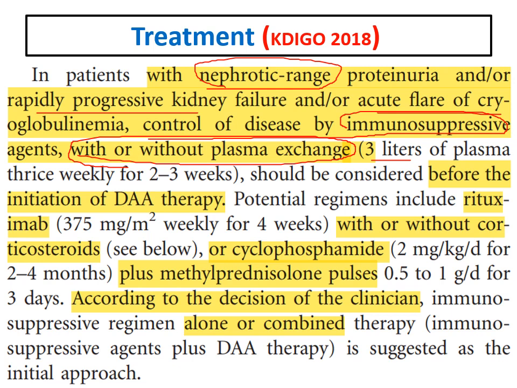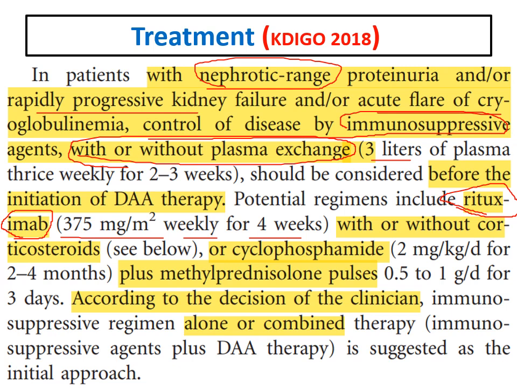Also, another regimen according to the recent guidelines is that the first line immunosuppressive drug is rituximab. Rituximab is usually used at a dose of 375 mg per square meter weekly for 4 weeks.